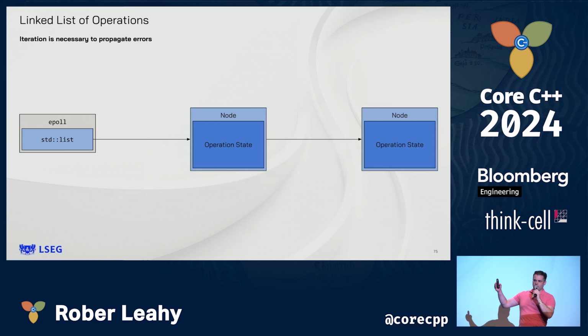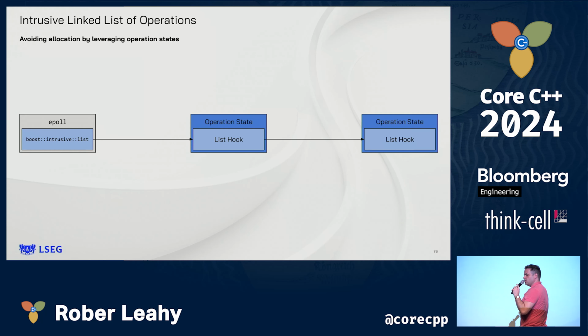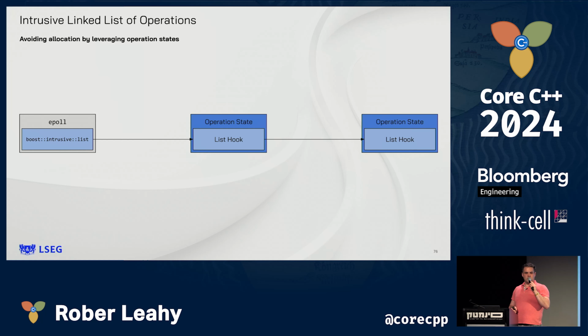Instead of allocating some node and putting the operation state inside of it, I can rest assured knowing that our user is going to obey the receiver contract as well. I can just flip this on its head and use an intrusive linked list and make that node part of the operation state that I give back to my users. Now they need to deal with managing that memory, not me. I don't have to allocate anything, and we get to take advantage of structured concurrency.